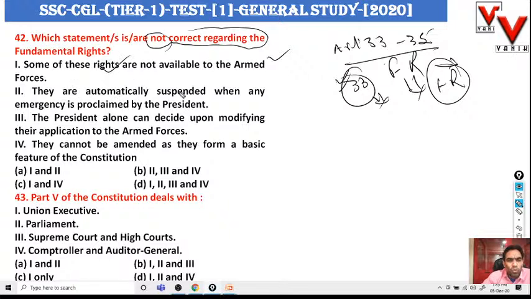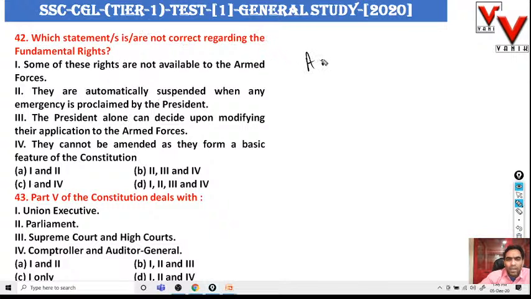The second statement says that they are automatically suspended when any emergency is proclaimed by the president. The fundamental rights are not automatically suspended, except Article 19, the right to freedom of speech and expression.